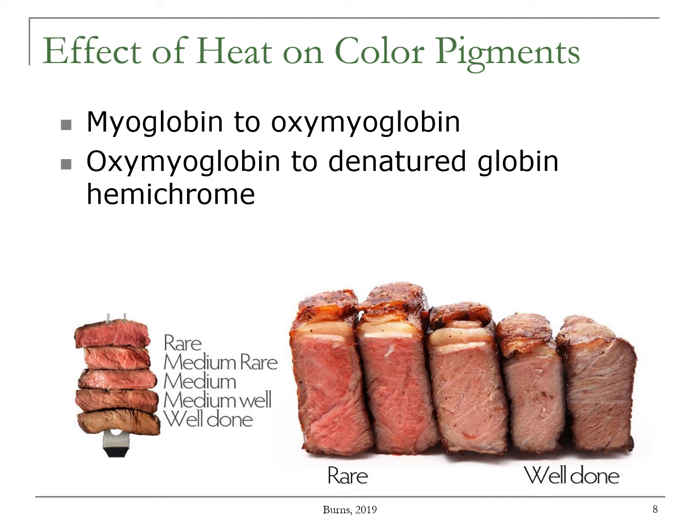So you can see there for the picture on the bottom, we go from the myoglobin that we really don't see because it's not that purplish color. So we're starting off there with that rare steak being the oxymyoglobin, and then with more heat, the color changes more to that brownish color. If you look over there to the well done steak, we're going to have this higher proportion of the globulin hemochrome.